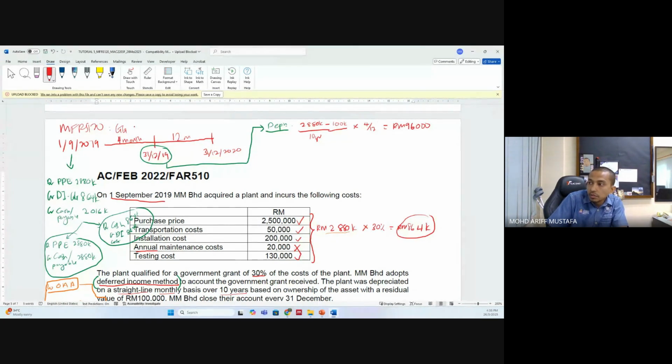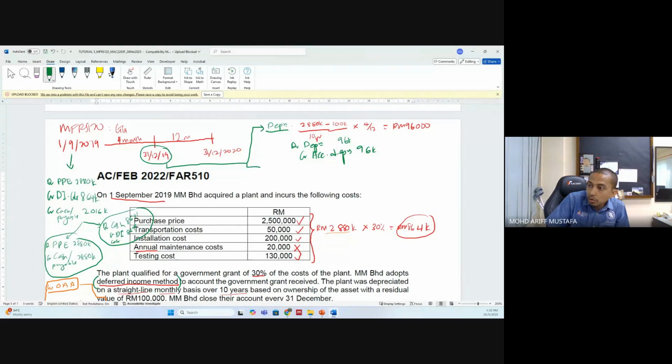Right? So how to record depreciation? Depreciation is always common. Debit depreciation, credit accumulated depreciation by 96,000. Common, common. Okay, first you need to record depreciation.